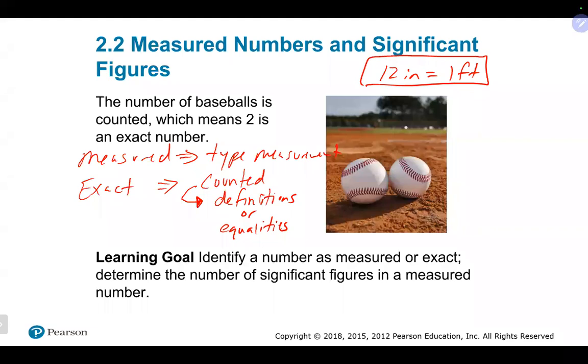And why they are important is when we are doing calculations that involve exact numbers, because they could have as many significant figures as you like, we just ignore them in the calculation in terms of how many significant figures our answer should have. We're going to go through that in this chapter. I could say I want to give it 4 significant figures, and you would say, well, I want to give it 6, because it could have as many as I want.